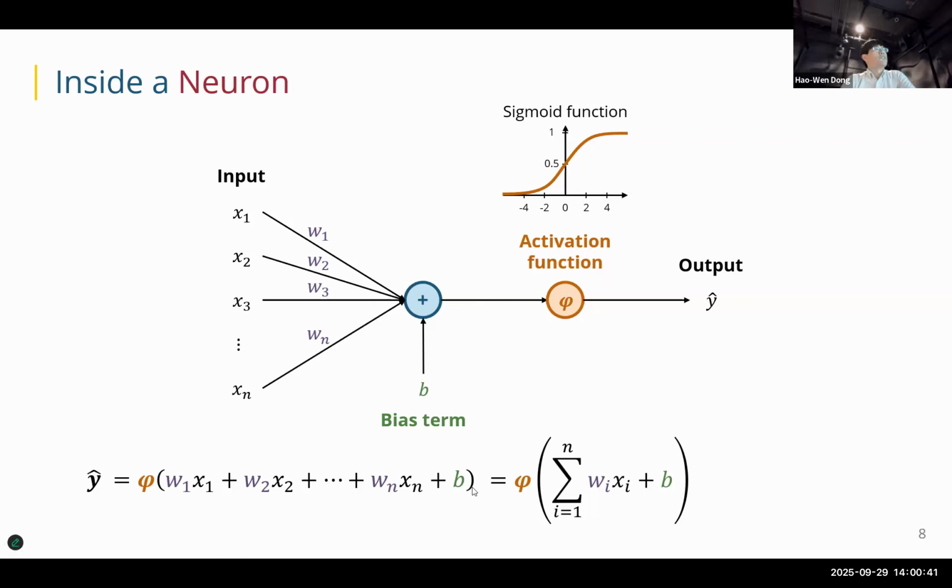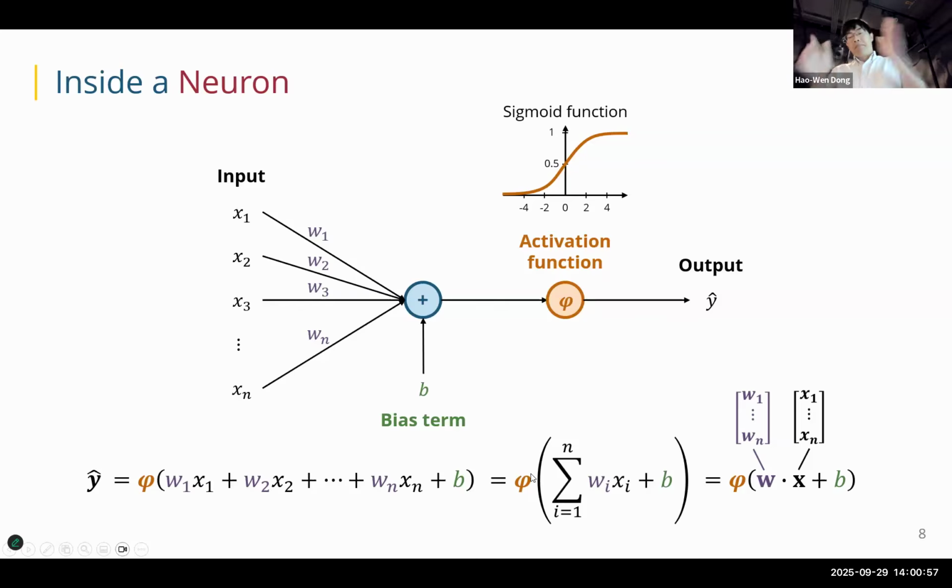So oftentimes you will see something like this, looks horrible, terrible, but it basically is just this in a fancier way. And then you can even write it into a dot product between vectors. Again, this is just a way to write these into an even more compact form.